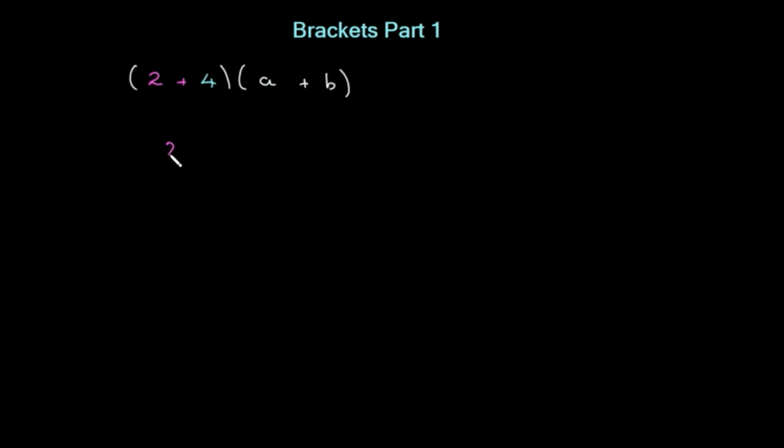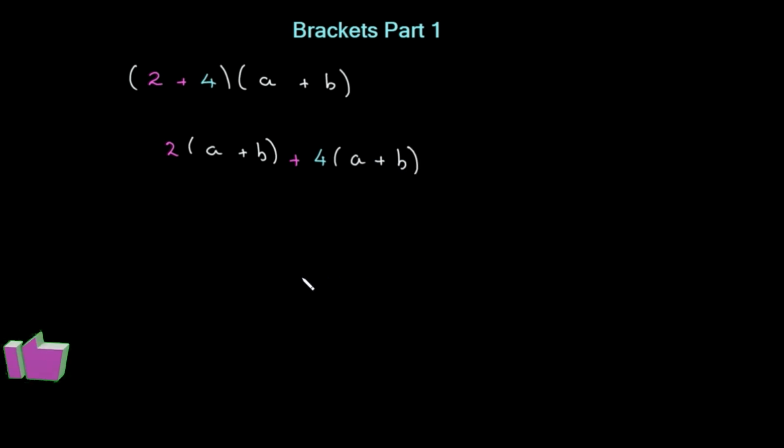We have 2 lots of a plus b. Now we've got a plus there, so we put our plus. That plus there is that plus. Now we multiply everything that's inside that bracket by the 4, and we end up again with a plus b.